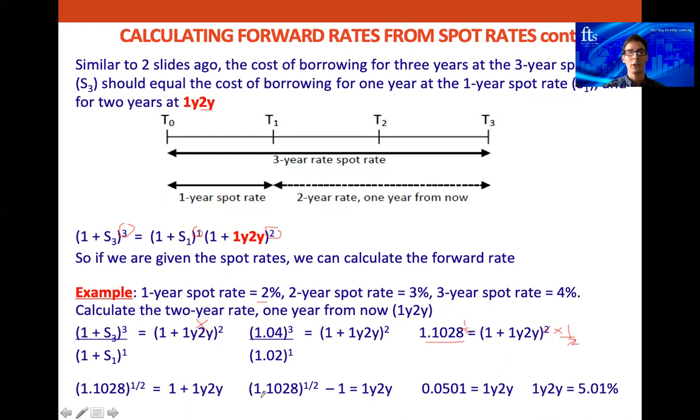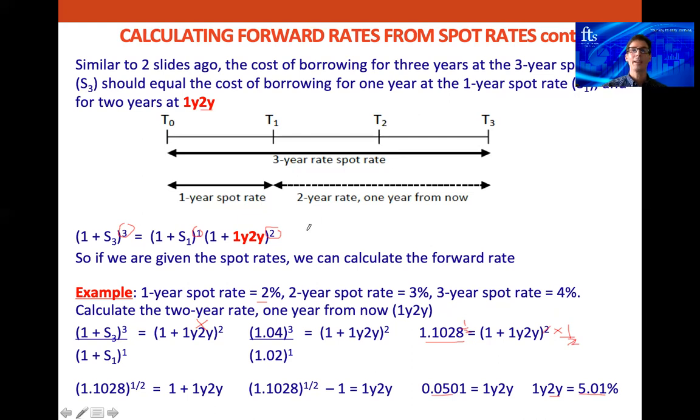So once that's on its own, all we've got to do is take the 1 across there. That becomes a -1. And then we see that the rate works out at 5.01%. So this is now the 2-year rate 1 year from now. This just requires a little bit of practice, and we're going to be just fine.